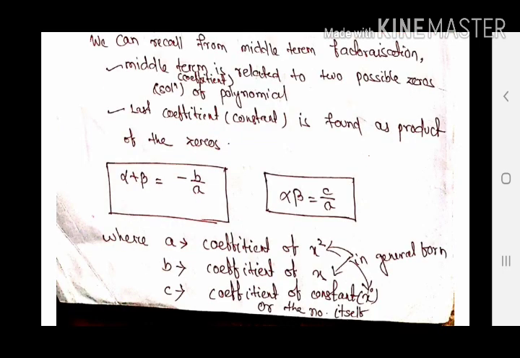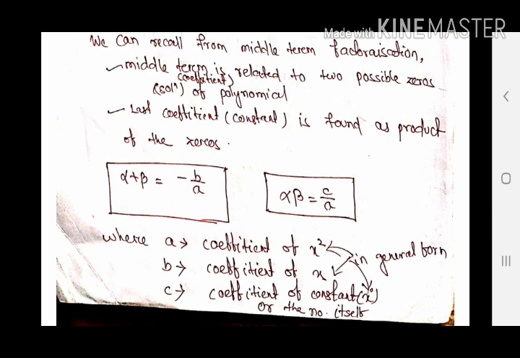Then if we closely observe the relation between the coefficients and the zeros, we have already solved by middle term factorization, where we factorize the middle term, meaning the coefficient of x. So it is clear that the coefficient of x, or b, has some relation with the zeros of the polynomial.